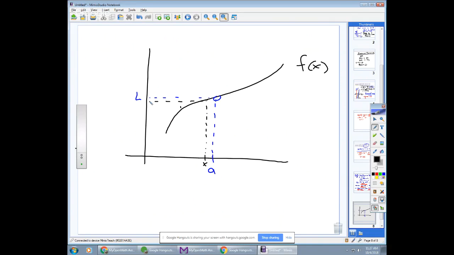That little distance right here, in between those two, that little distance away from L, that's what we call epsilon. So in this case, I can have that on either side. So I could be a little above or a little below. So here or there. So I've got this upper y value, that's L plus epsilon. I've got this lower y value, that's L minus epsilon. So I'm on each side there.